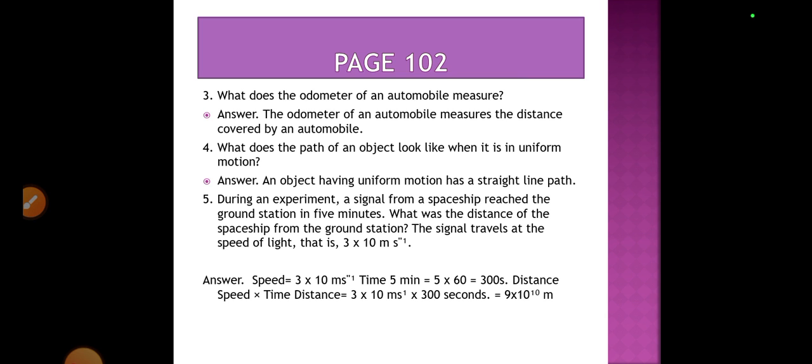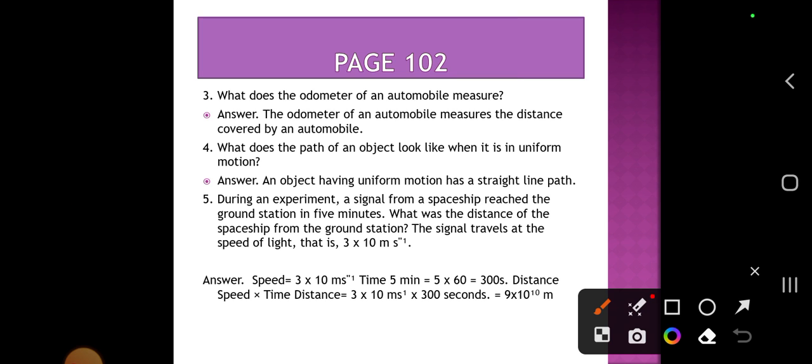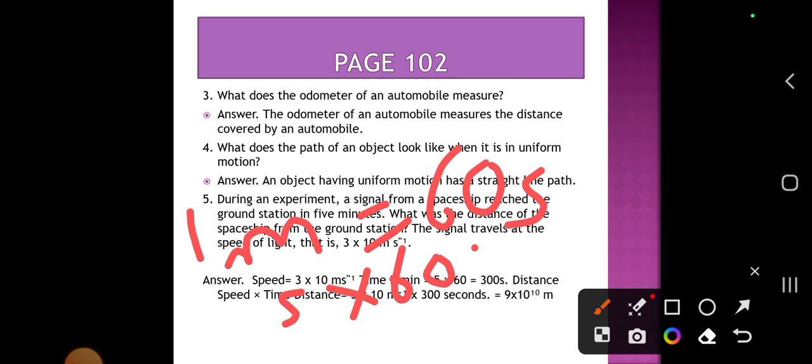Here the speed is given to us, and time is also given, that is 5 minutes. So we need to convert the 5 minutes into seconds. We know that 1 minute is equal to 60 seconds. So 5 minutes multiplied by 60, we will get 300 seconds.